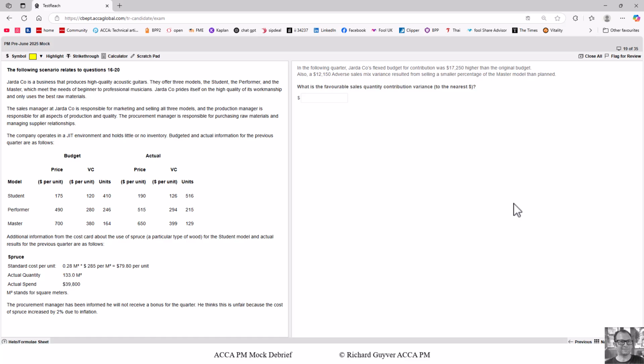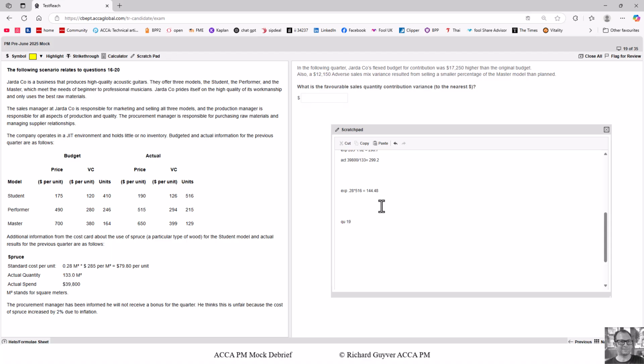And then finally, what's the favourable sales quantity contribution variance? In the following quarter, the flexed budget for contribution was 17,250 higher than the original. Also, a 12,150 adverse sales mix variance resulted from selling a smaller percentage of the master model than planned.